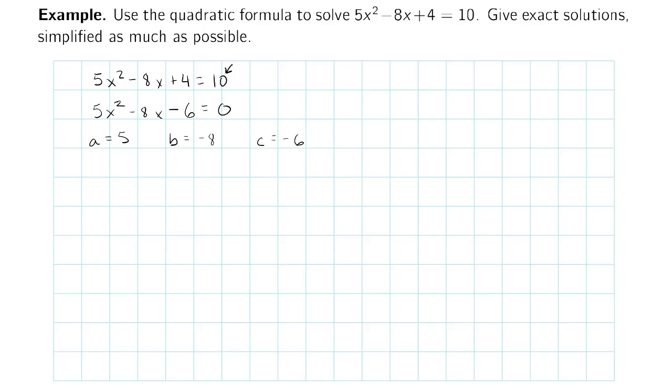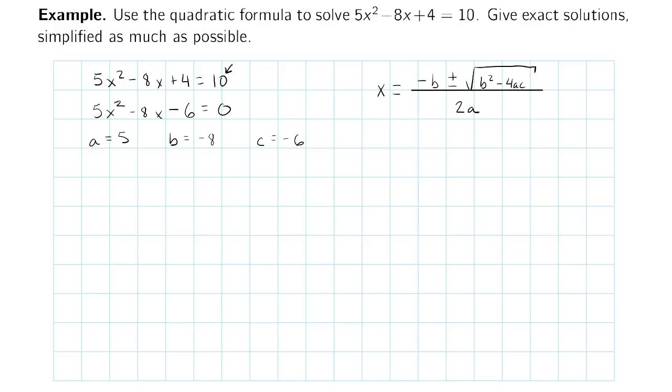And I want to throw those into the quadratic formula, which I'm just going to write down here for reference. x equals the opposite of b plus or minus the square root b squared minus 4ac, all over 2a.